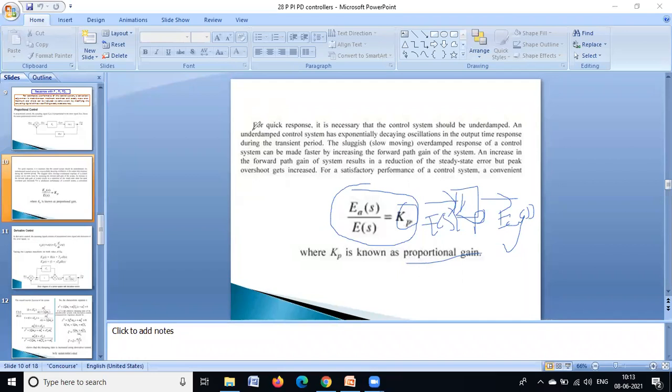Just see, for a quick response, it is necessary that the control system should be underdamped. We have already seen that for an undamped system, when zeta is equal to 0, the system has an oscillatory response. When the system is underdamped, that means zeta is greater than 0 and less than 1, the response is damped oscillatory and the oscillations get reduced.